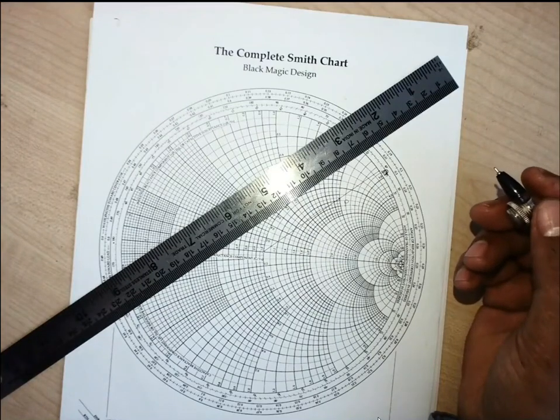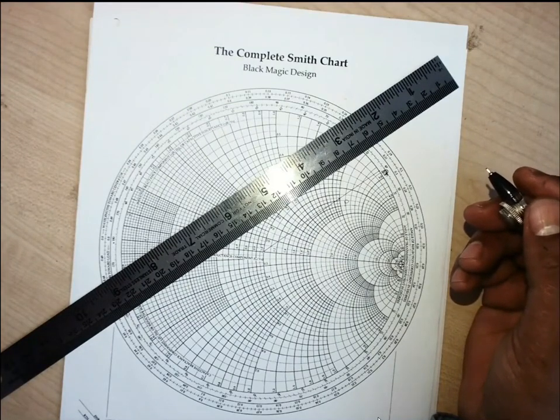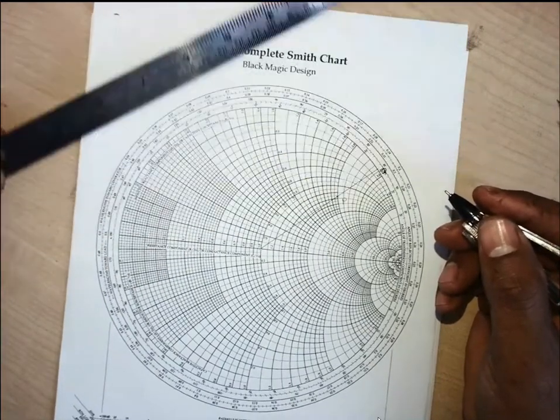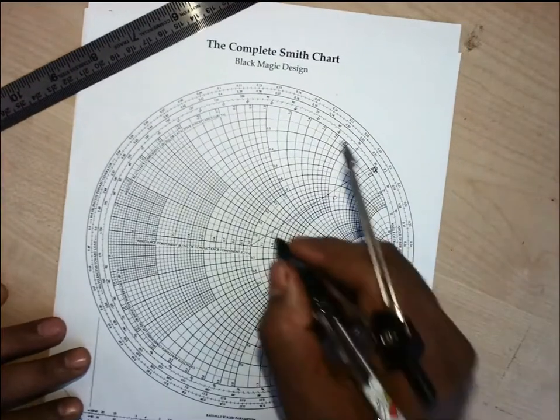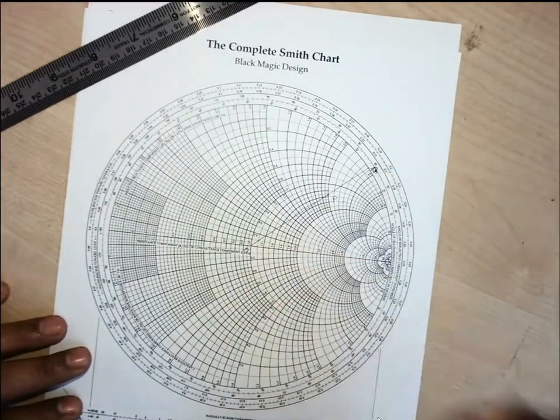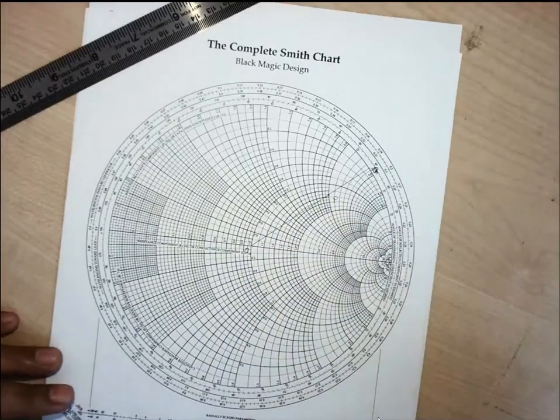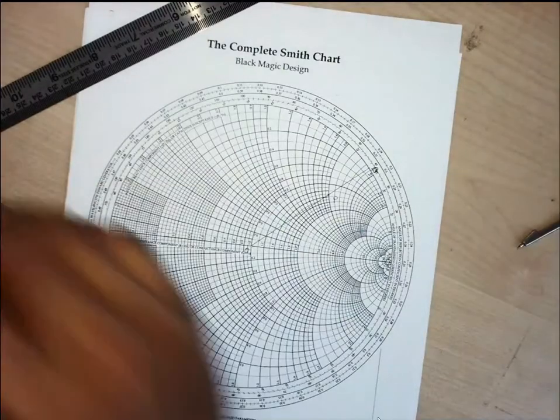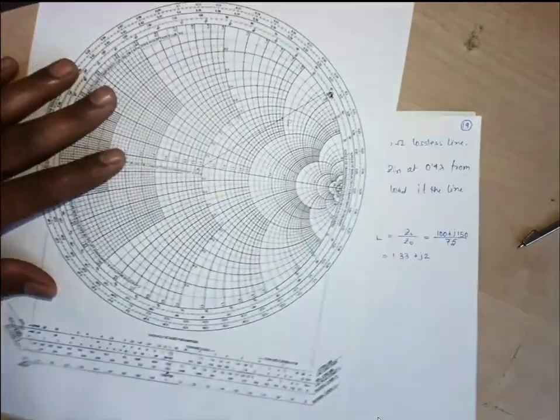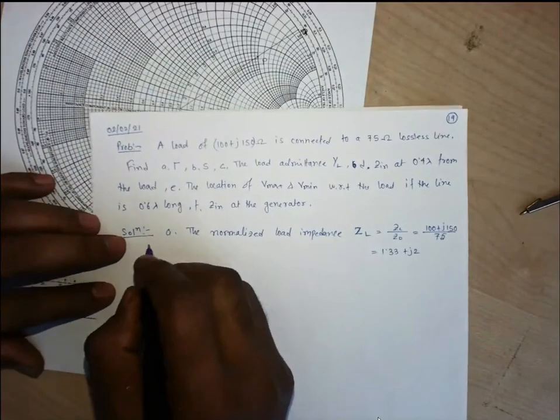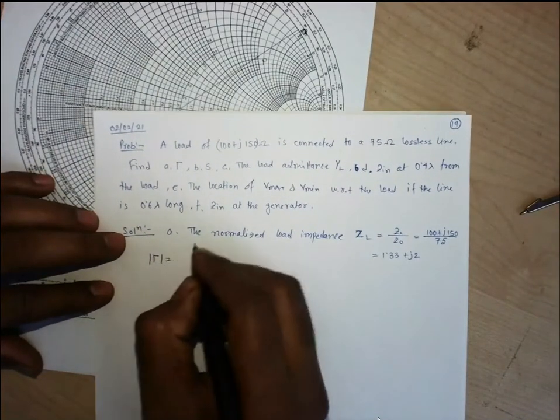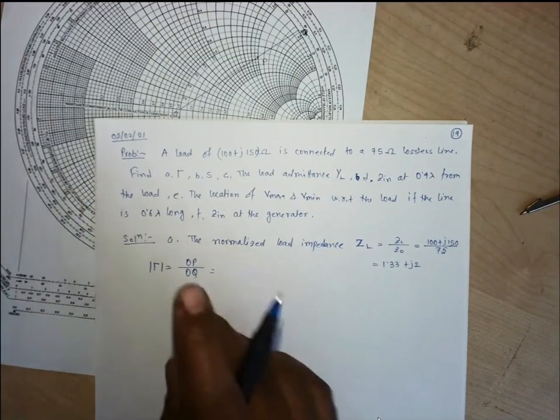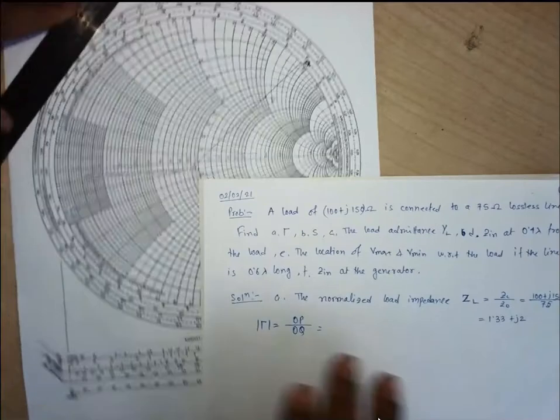So obviously we can easily find out the magnitude of the reflection coefficient. How? By taking the ratio OP by OQ, where O is the origin. So mod of gamma is OP by OQ. We need to measure this distance.